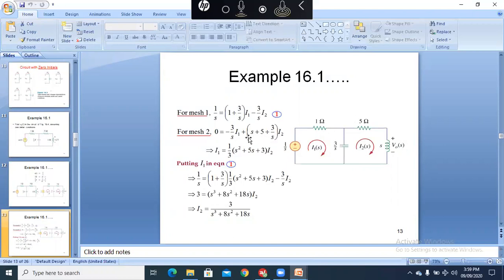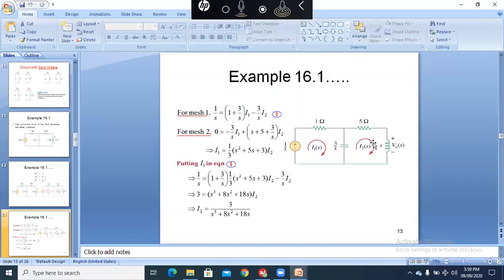Now we find the value of I1 from mesh 2. So we get this value of I1, and we substitute this value of I1 in equation 1. So we will get this new equation, and by solving this, we find the value of I2 of s.